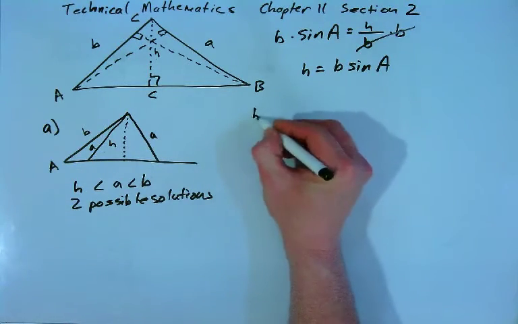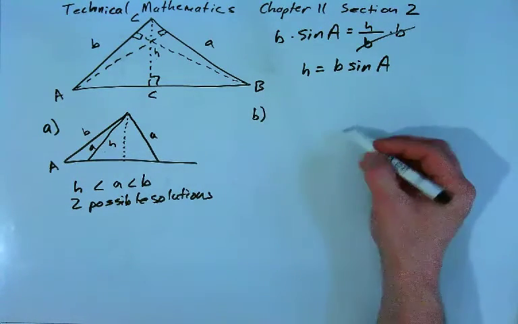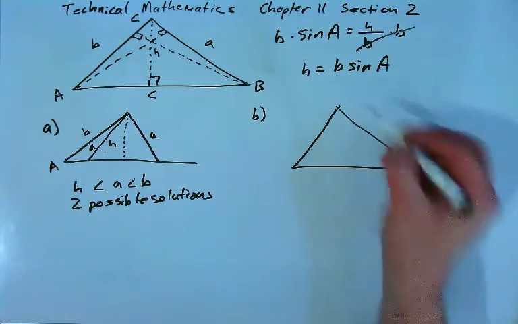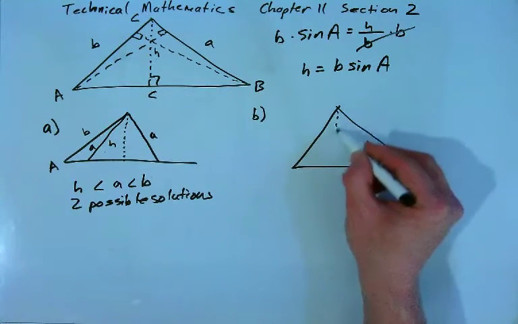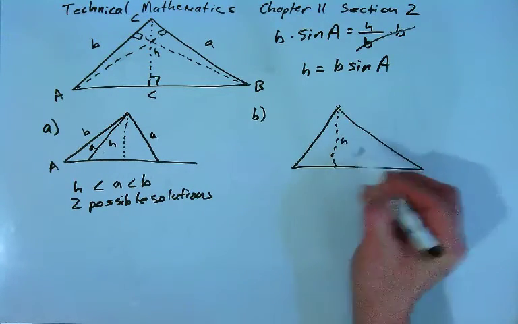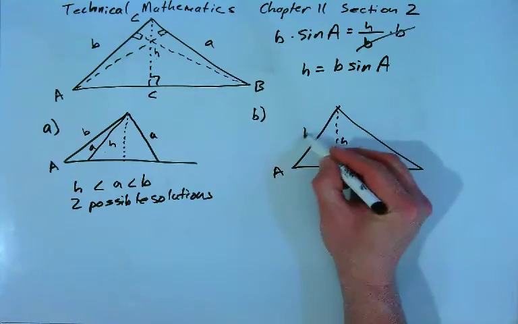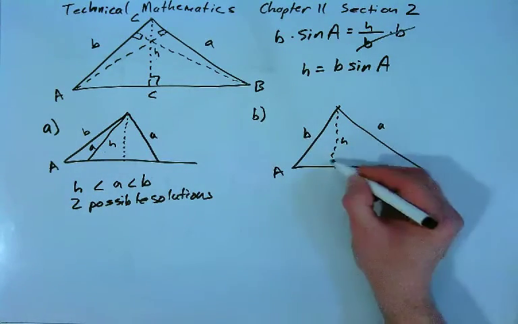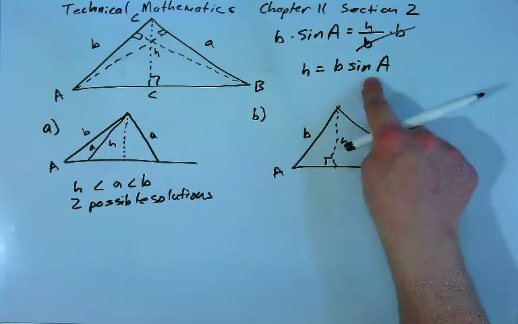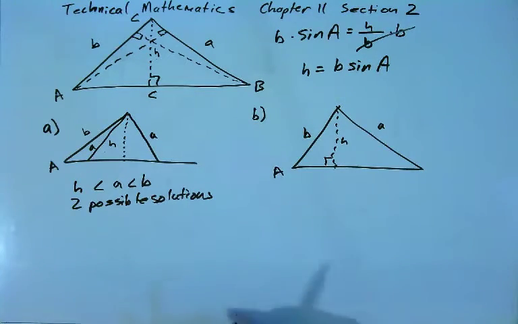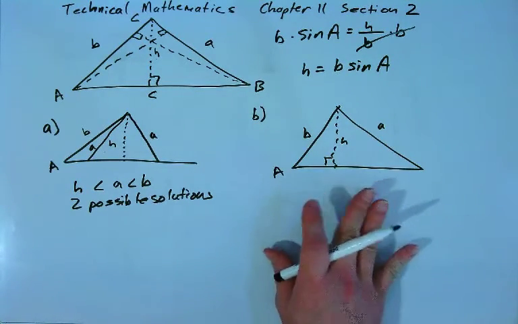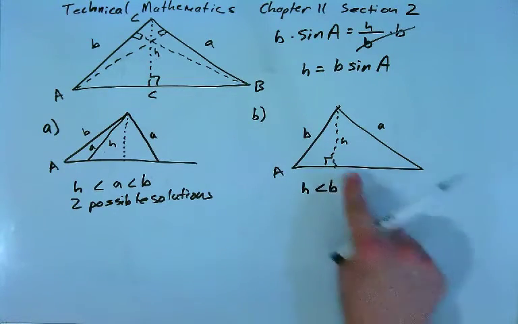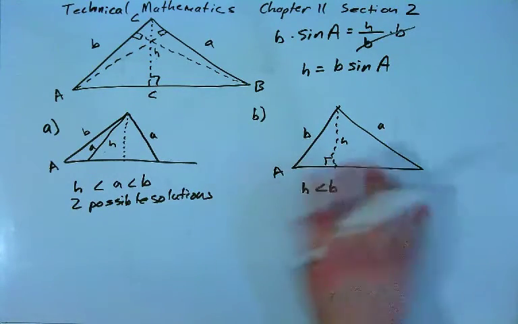Second possibility that we have, I'll call this possibility B. Again, we have a triangle that has an altitude or a height. We were given angle A and side B. We were also given the length of side A. And again, H can be calculated by B sine A. And the possibility that we're exploring here is that H is less than B, which is almost always the case.